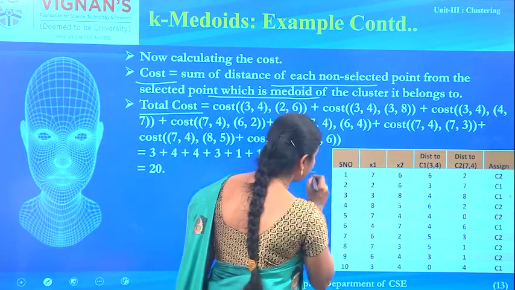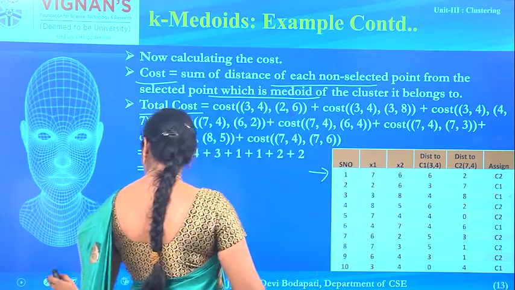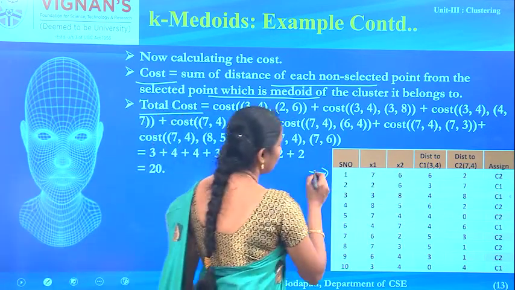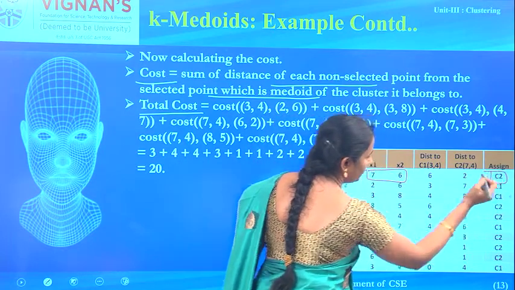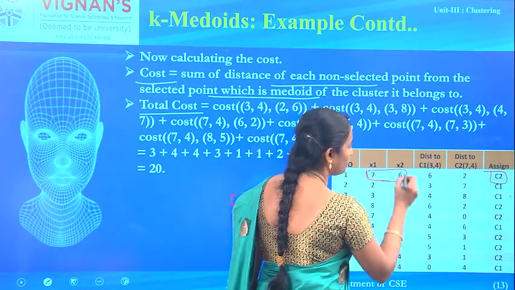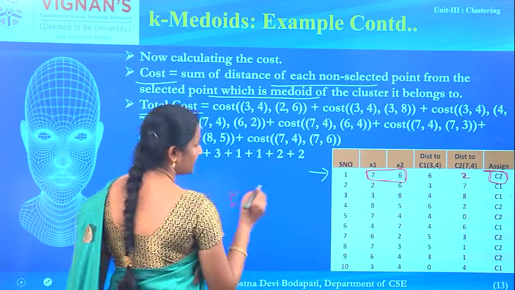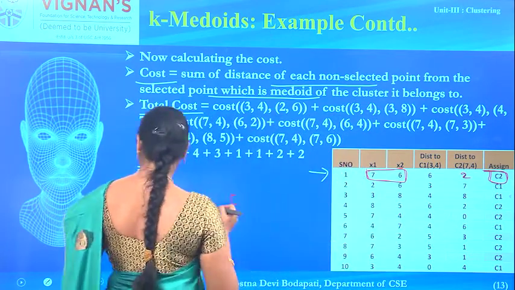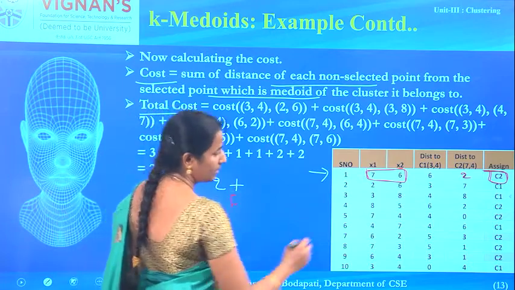Because of the assignment of the first object to the second cluster, the cost involved is the distance from this object to the second medoid. It is 2, right? So you just consider the value 2, plus the second object.